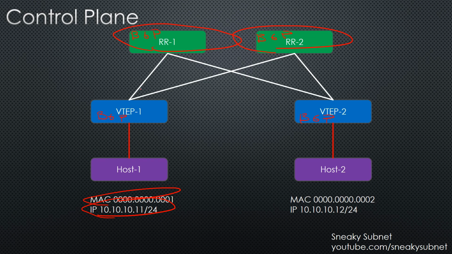So all these guys run some kind of BGP. When VTEP number 1 learns about host number 1, for example, if we just plug our computer into the network, chances are that 99% of systems will send at least some initial traffic, some ARP requests for their default gateway. They will talk to some systems in the cloud, doesn't really matter.